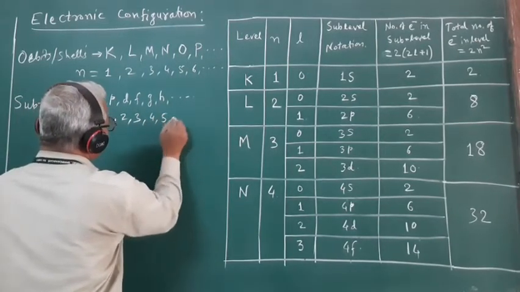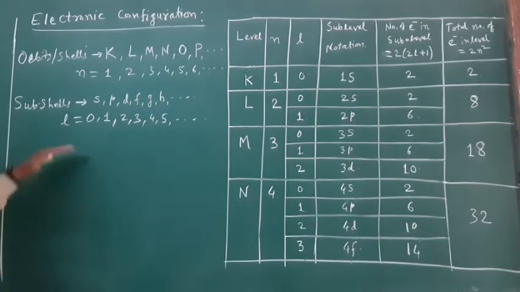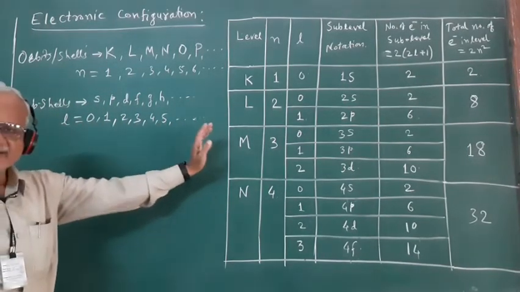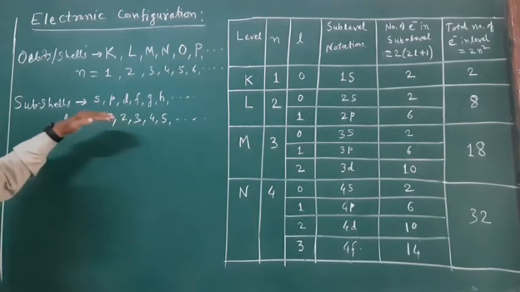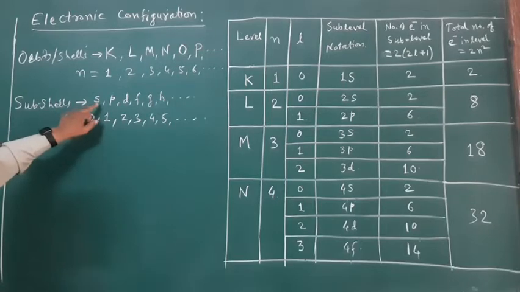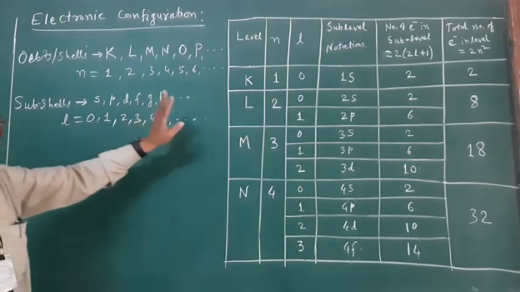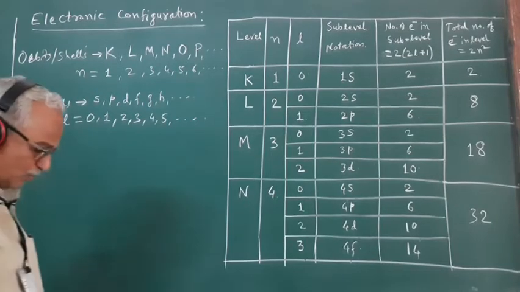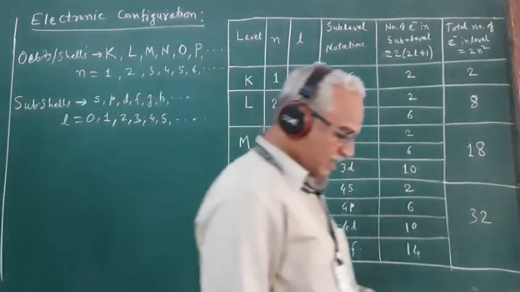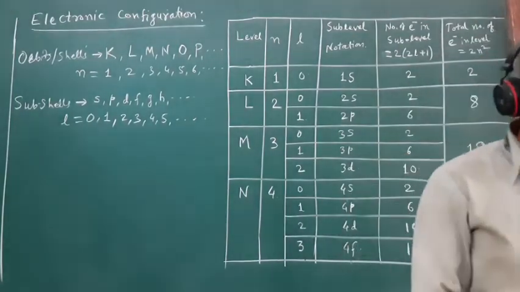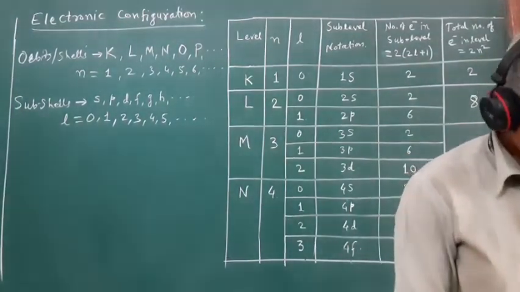So the different subshells having the values of l equal to 0, 1, 2, 3, 4, 5, 6, etc. are respectively represented by the letters s, p, d, f, g, h, etc. So these are the letters used to represent the different shells and the different subshells in an atom.